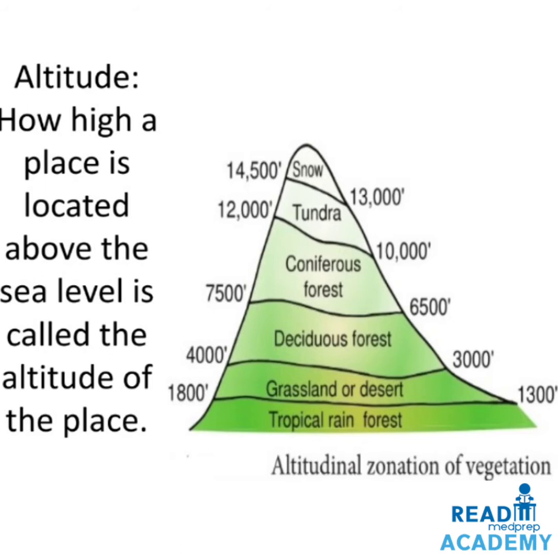Between 1800 to 4000, it shows grassland or desert. 4000 to 7500, the deciduous forest exists. Between 7500 feet to 12500, we can see the coniferous forest. Between 12,500 feet to 14,500, it's tundra. Above 14,500, usually it is snow and trees do not much exist, or the vegetation does not occur.